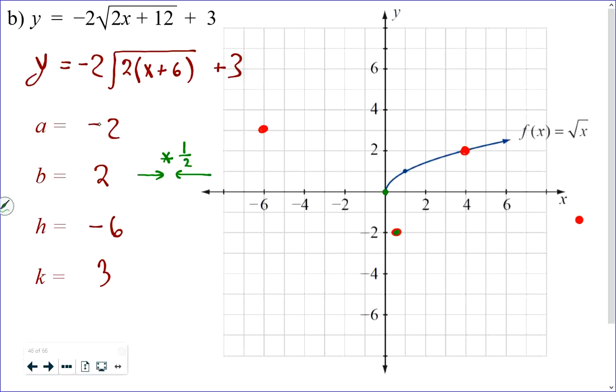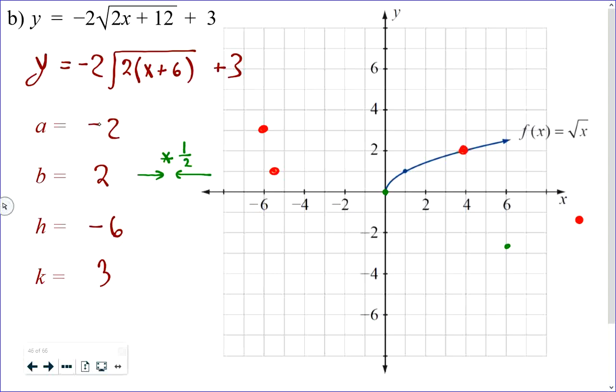If I go back to the idea of actually moving it 1, 2, 3, 4, 5, 6, and 1, 2, 3 up, you can see that it is half a unit to the right of the vertex and 2 down. I think one more key point is needed.